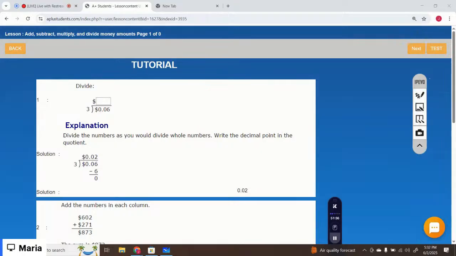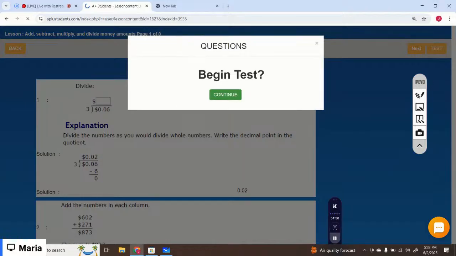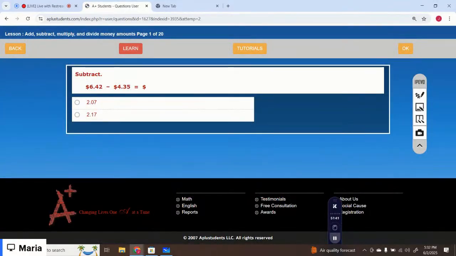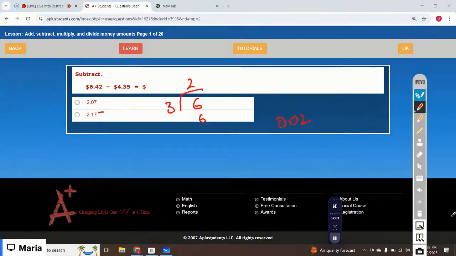Let's just start with the test questions. 6.42 minus 4.35. So let's just subtract. Start subtracting from the ones digit.